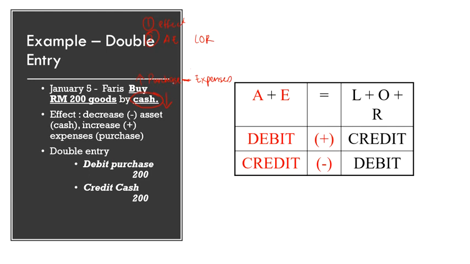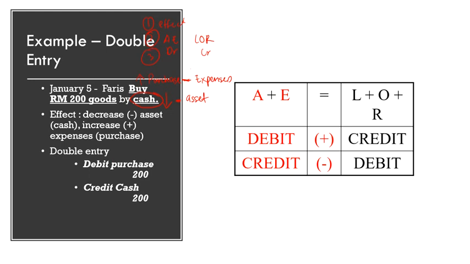So cash is your asset, expenses, liability, owner's equity or revenue? Cash is your asset. Okay. From this, you dah tahu. Nampak tak? Sebab LOR ni debit, ni credit.